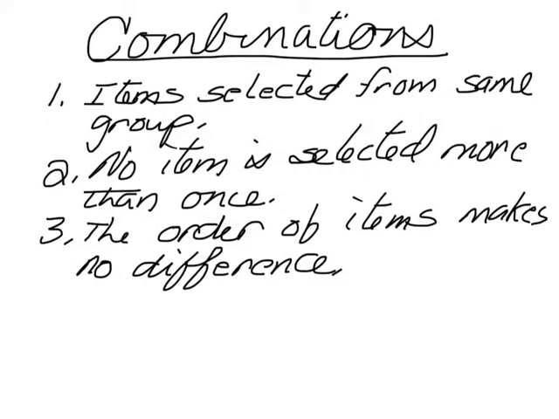And why is that the case? It's the case, for instance, if we're selecting officers from a club, from a group of 10 students. When you have 10 students and you're selecting a president, vice president, and treasurer, let's say, whoever has the most votes is president, second most vice president, third most treasurer. However, what if you're just making a committee?